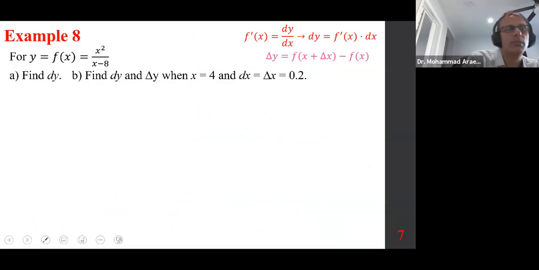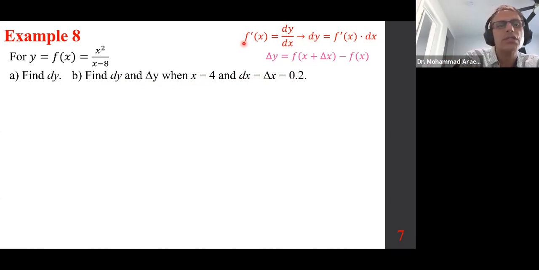We are asked to come up with dy and delta y at x equals 4, dx equals 0.2. Needless to say, dx and delta x are the same. To do that, remember f prime of x is dy dx, and then dy is f prime of x dx.